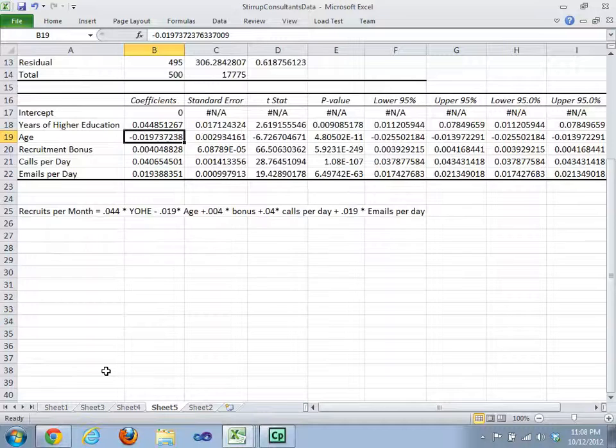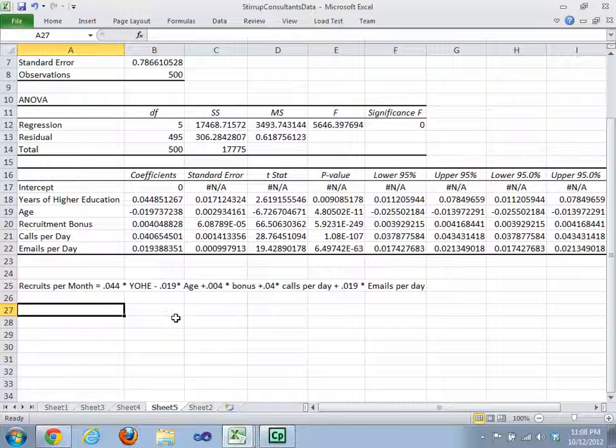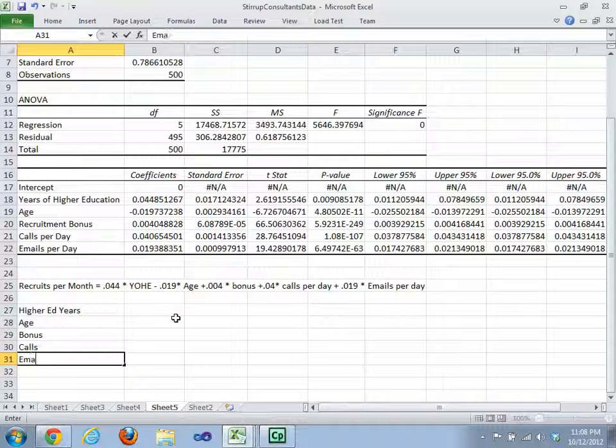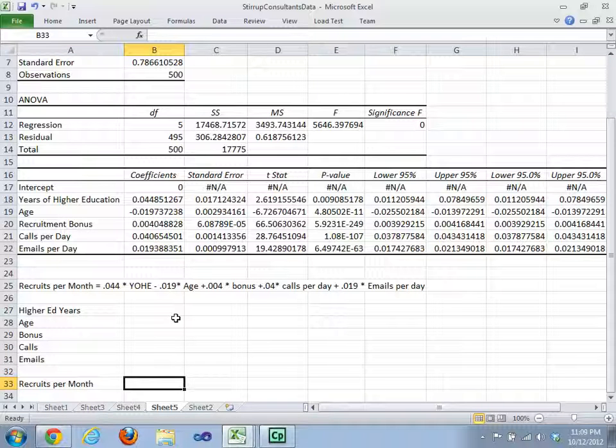So now that we have our equation, we can sit here and say higher ed years, age, bonus, calls, and emails, and recruits per month is our total.